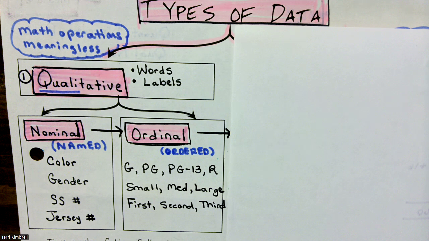Now, once you go from nominal to ordinal, ordinal means that you can order that data, which means it is also a qualitative variable. When you look at a movie rating such as G, PG, PG-13, and R, that can be ordered in a specific order. However, you don't really know the difference mathematically between one movie and the other.